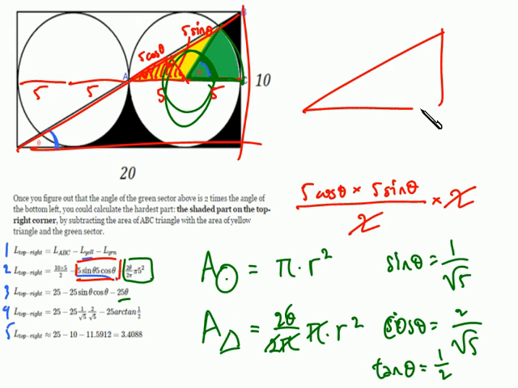This is 10, this is 20. Using Pythagoras, you will get that this hypotenuse is 10 times square root of 5.